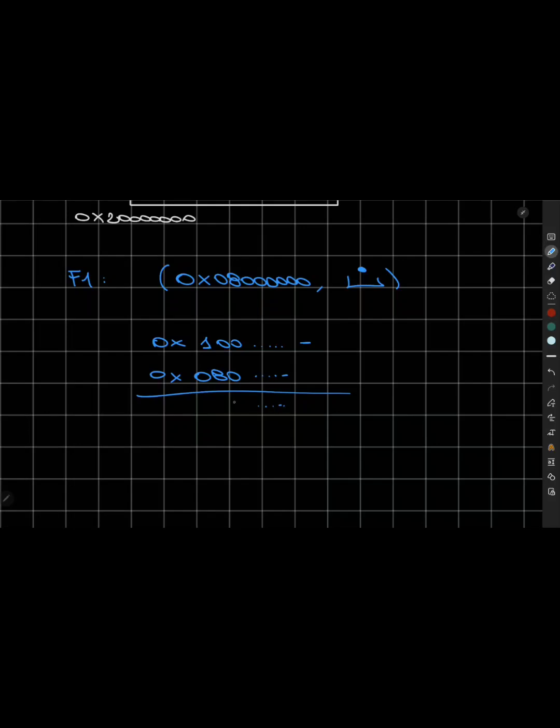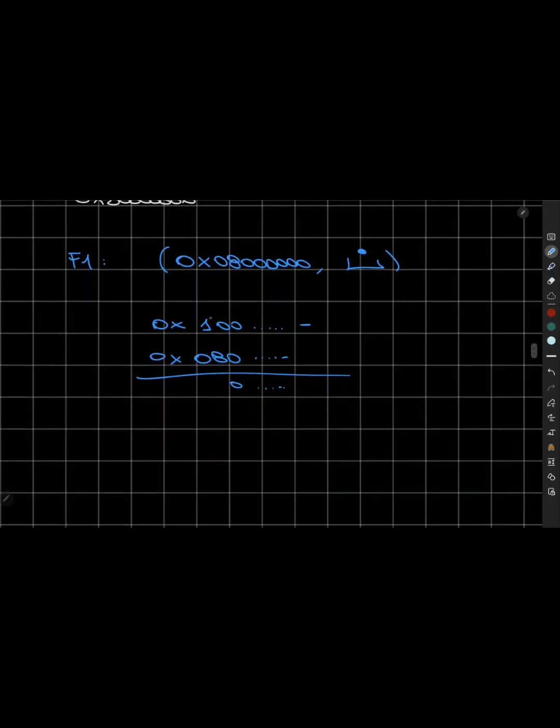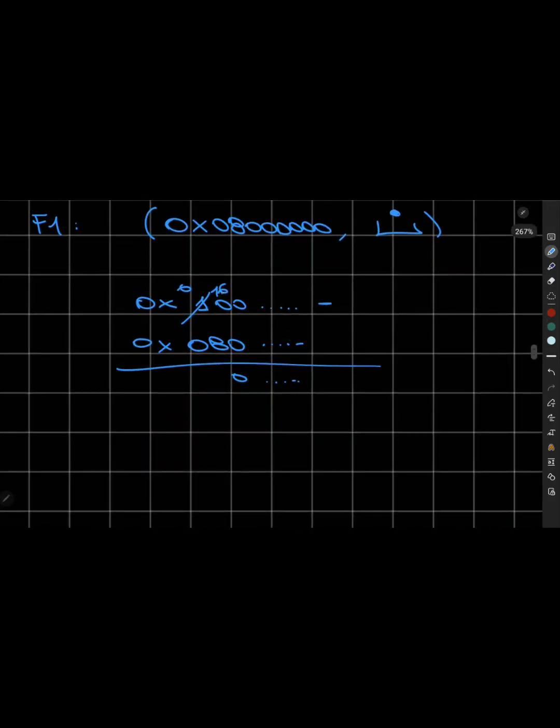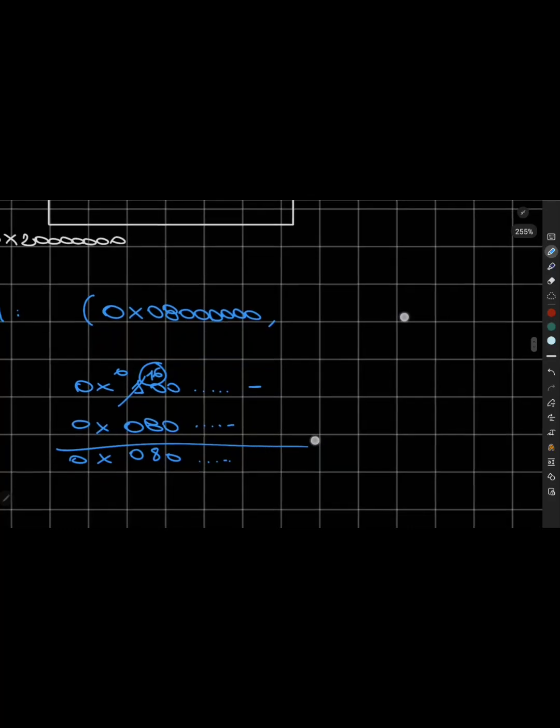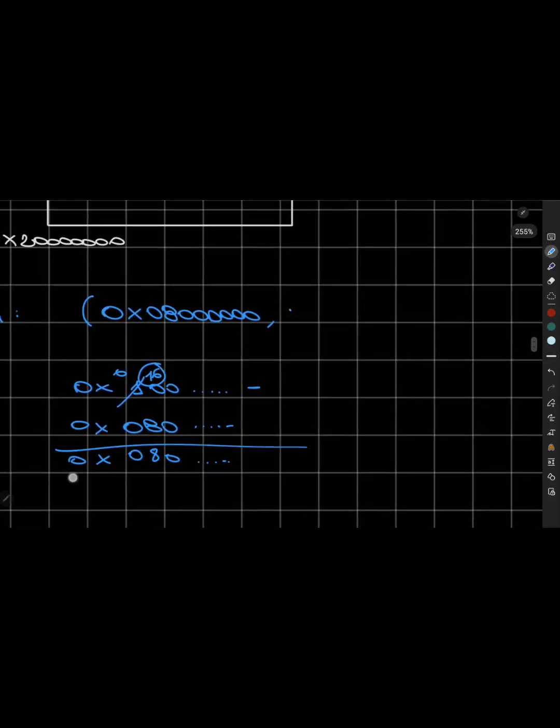Here 0 minus 0 is 0, 0 minus 8 I cannot do, so I borrow, and 16 minus 8 is exactly 8, because I remind you we're doing the operation in hexadecimal, and 0 minus 0 is 0. So the size of this free partition is 0, 0, 8, and then all the necessary zeros.